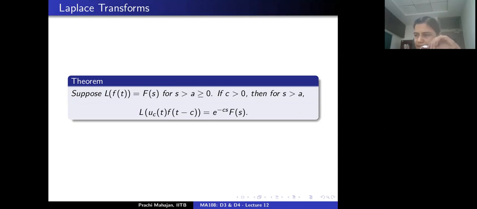So the translation of the given function f at a distance c in the positive t direction corresponds to multiplication of the Laplace transform with the factor exponential of minus cs.